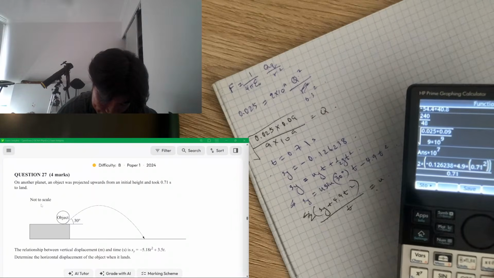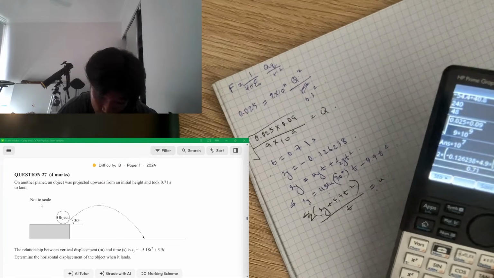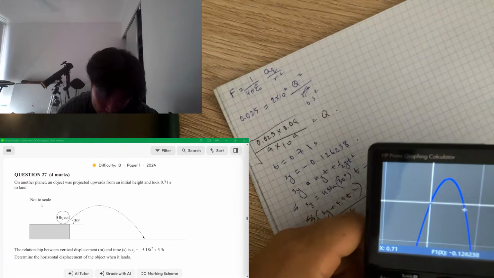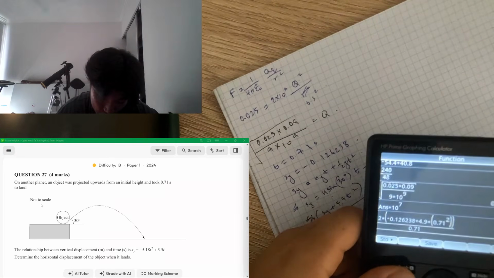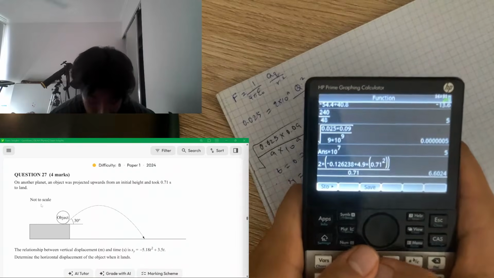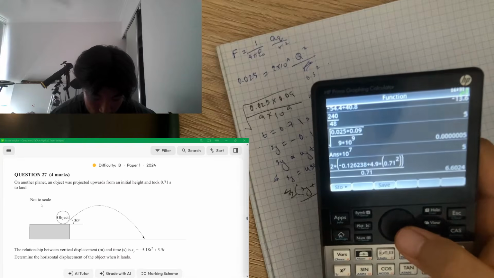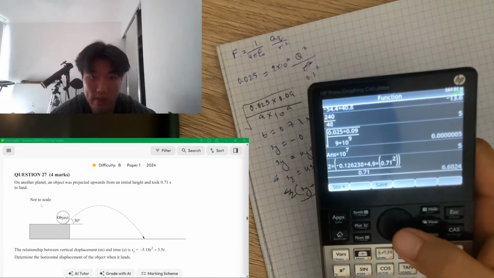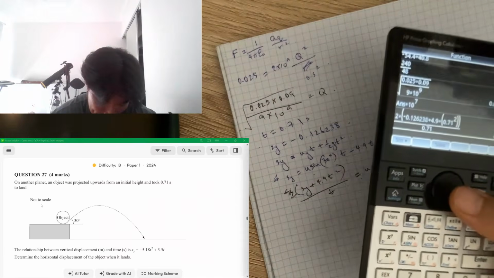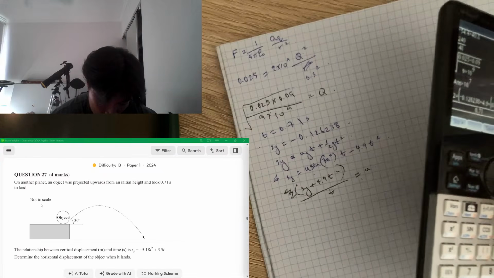What? Definitely put something in wrong. I don't seem to have put anything wrong, but the answer isn't correct. So that's a bit confusing, to be honest. Did I sub it in incorrectly?